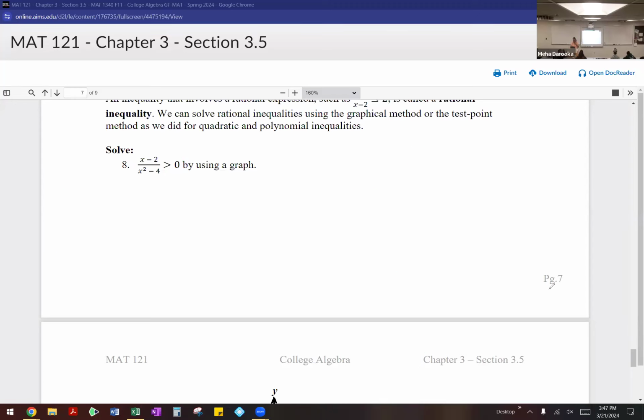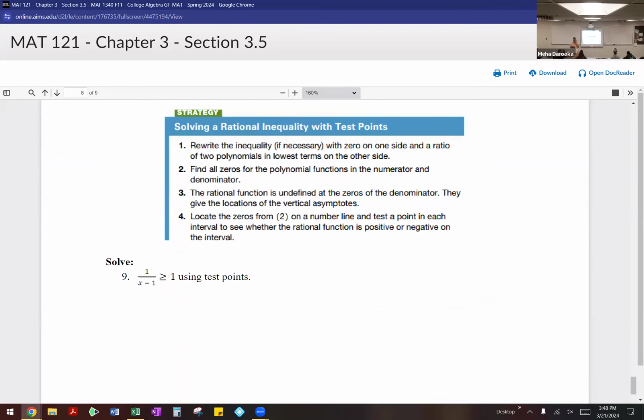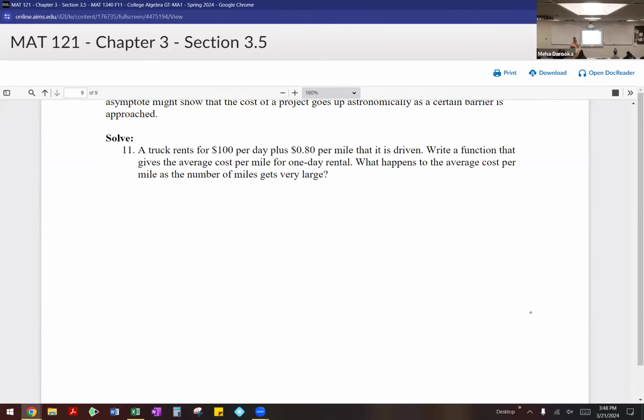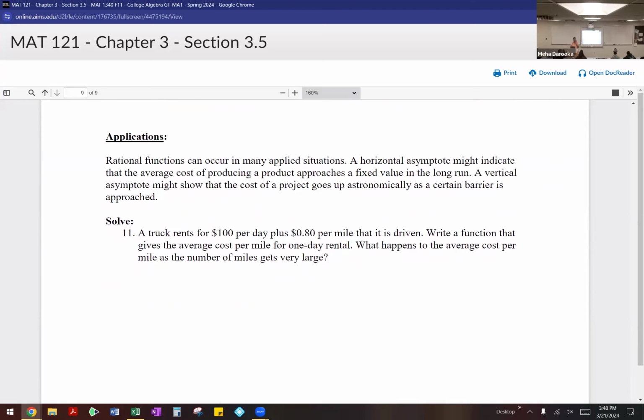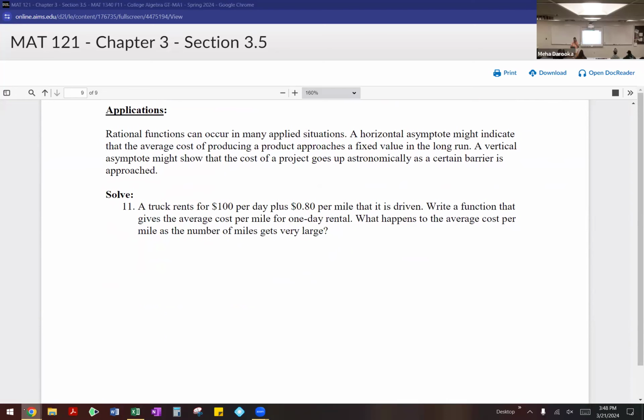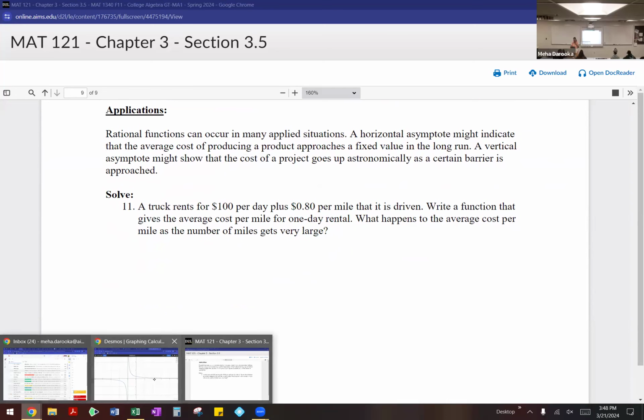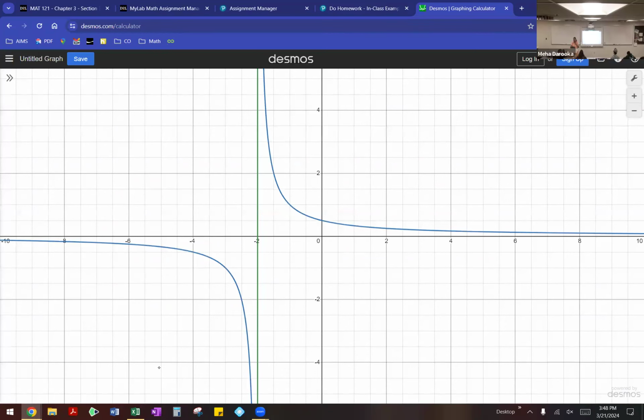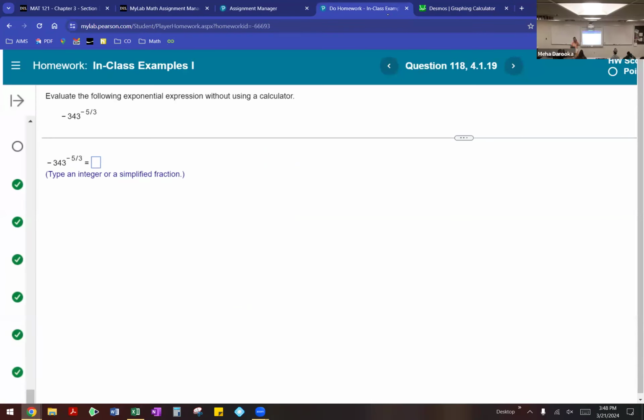Okay, and I think that was our last example. There's an application problem in here. You're not going to see that in homework, but you can look at it as a reference. That was the last example, because we jumped to chapter 4.